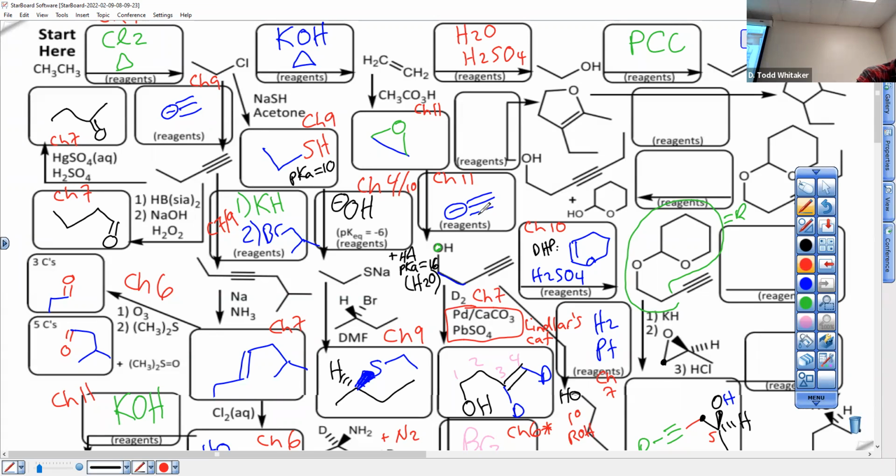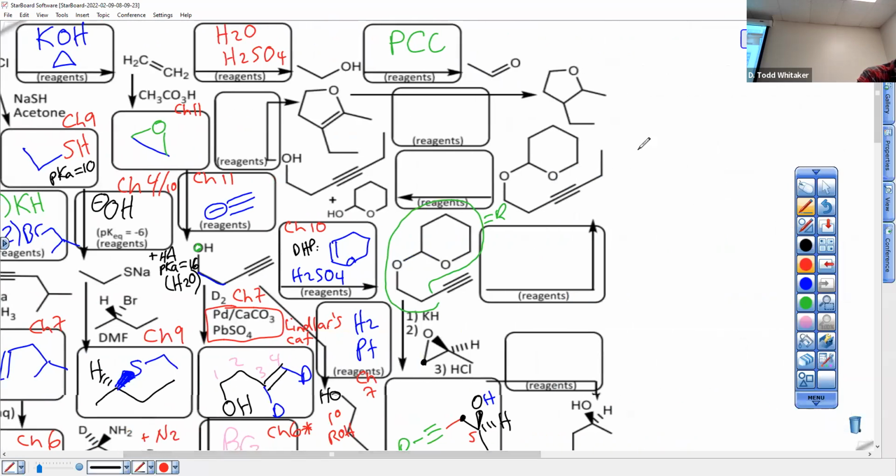This one I need a C minus and an epoxide. I don't think I need an epoxide here. I don't see any oxygens over here, right? So 1, make the C minus. 2, chloroethane, DMSO. It's an SN2 reaction again.